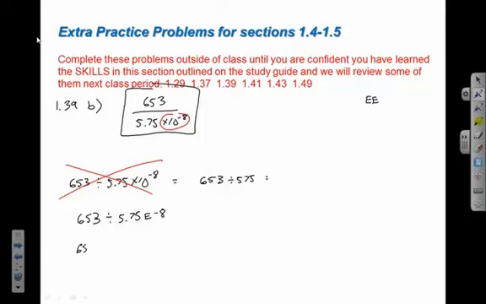Alternatively, you can do 653 divided by, in parentheses, 5.75 times 10 to the negative 8th, if you like it that way. Or you could do 653 divided by 5.75 divided by 10 to the negative 8th.